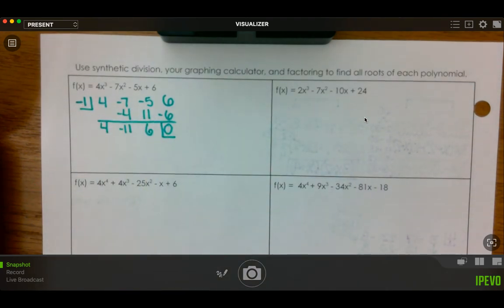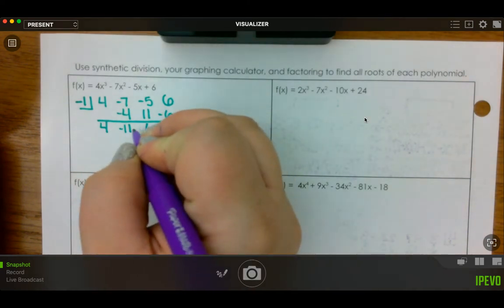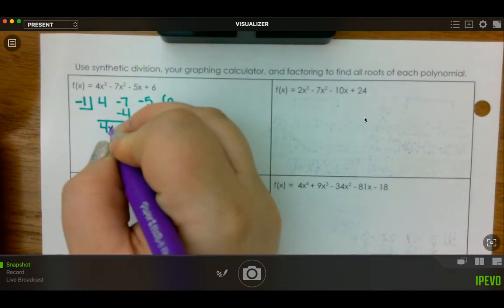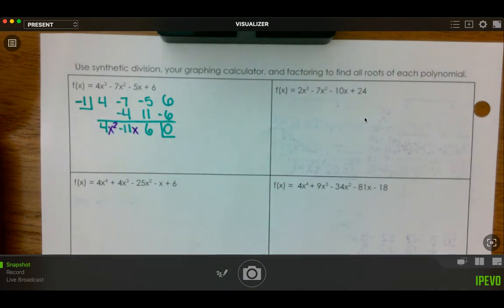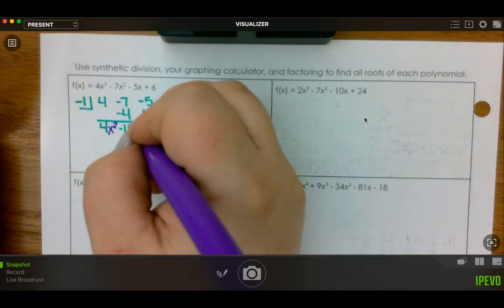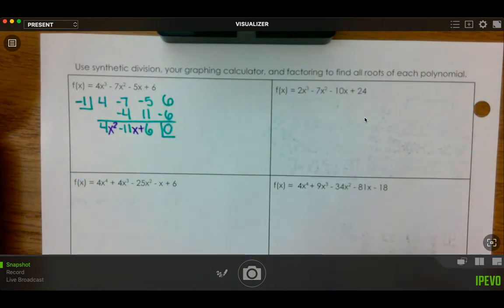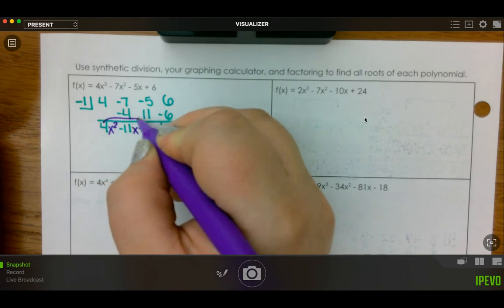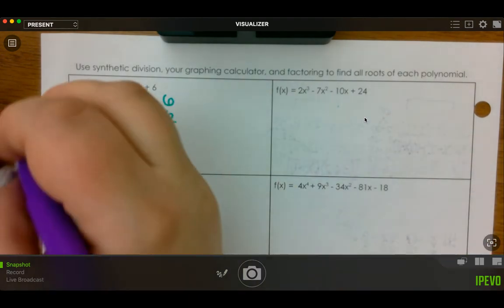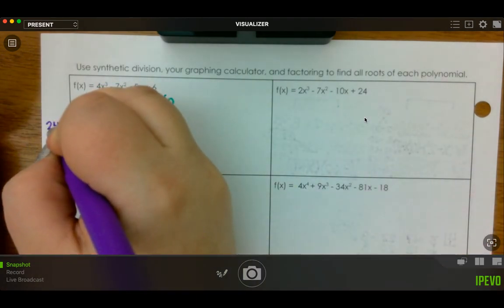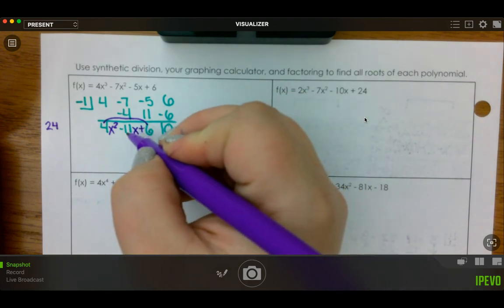Now what we have to do is turn this back into a polynomial and factor. So constant, x, x squared. So I have to factor the equation 4x squared minus 11x plus 6. So I need to find 2 numbers that multiply to 24 and add to -11.